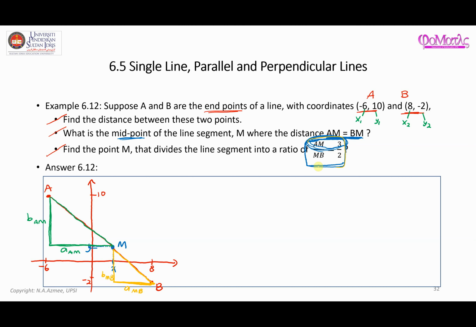And because of this statement, I can say that the length of A for AM over the length of A for MB must also be in this similar ratio. So I'm going to write down the statement here. The length for A for AM over the length for A for MB must also be 3 over 2, the ratio of that.